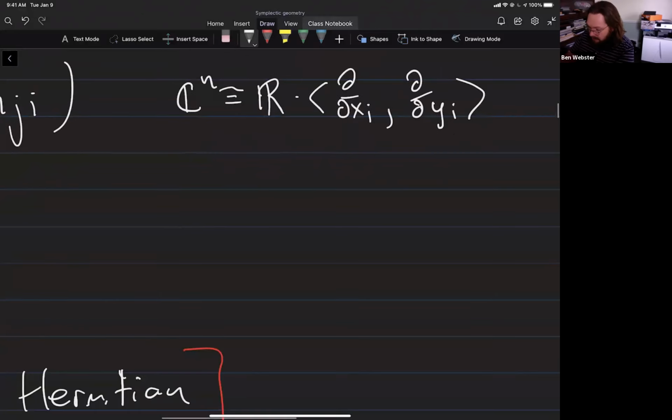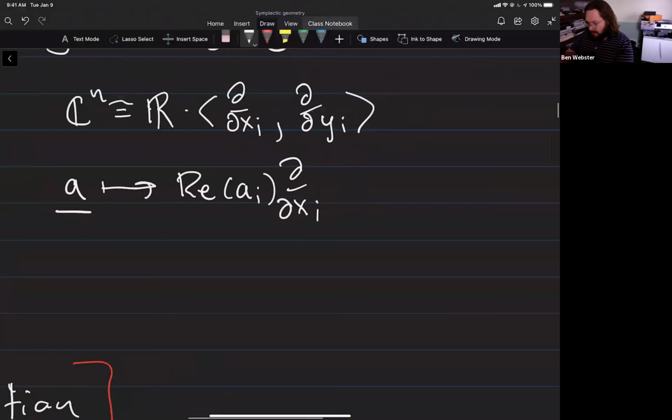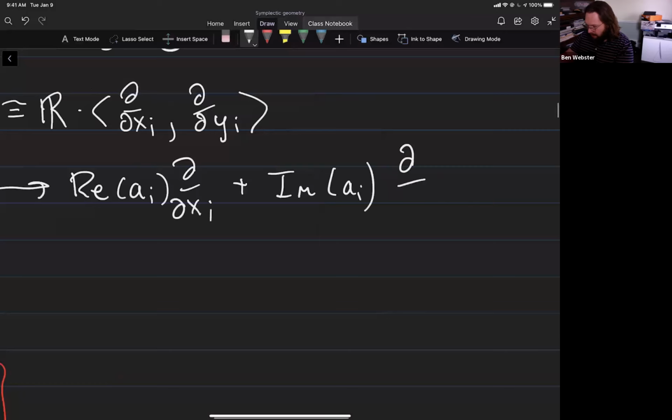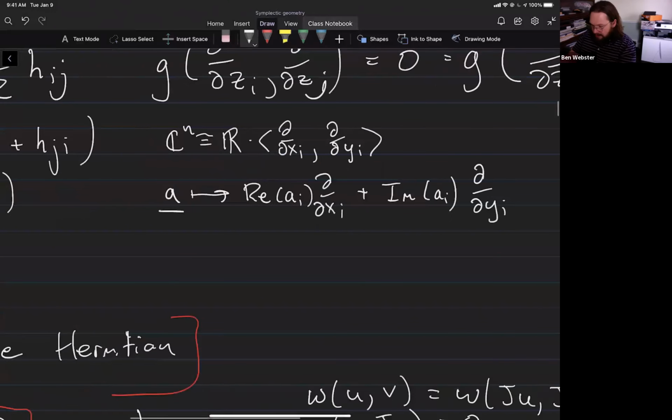When I do this, I'm going to send a complex-valued vector with n components a to the real part of a_i times d/dx_i plus the imaginary part of a_i times d/dy_i.